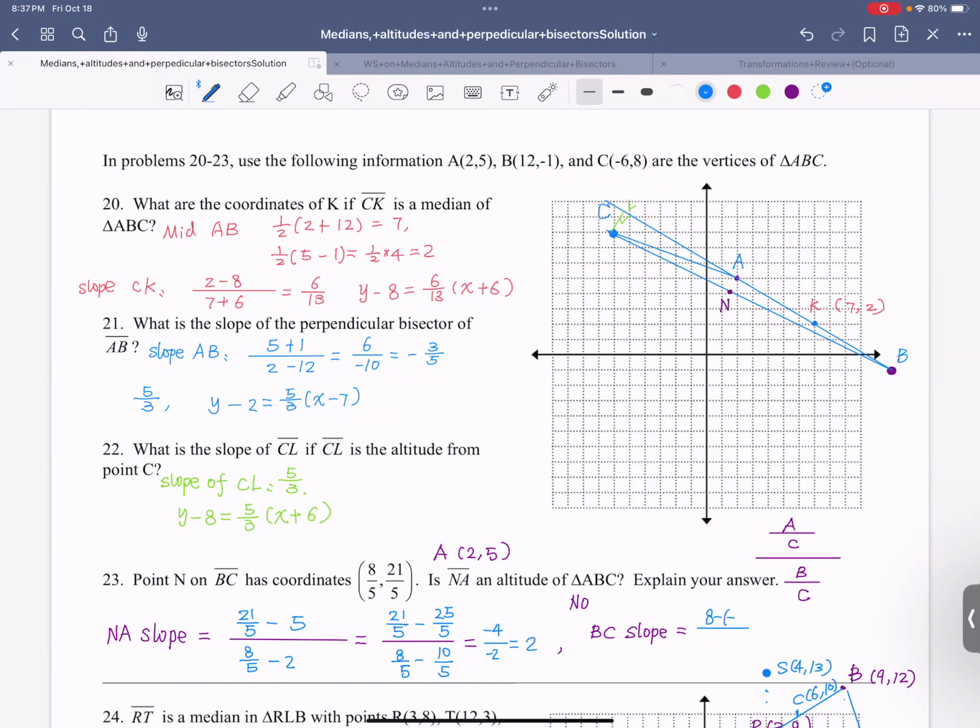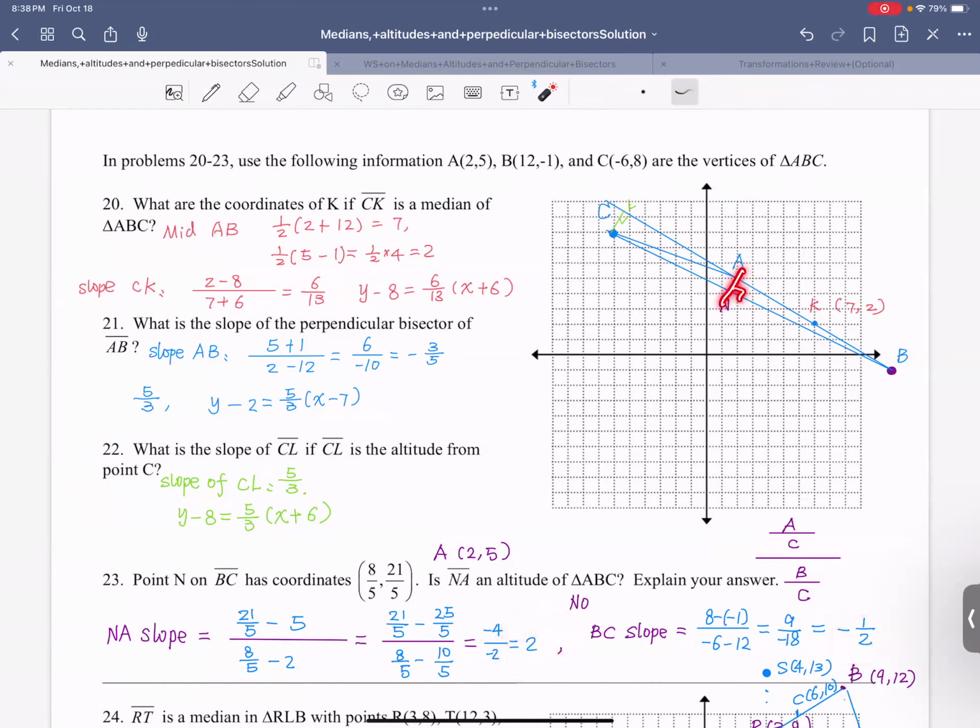So 8 plus 1 divided by -6 minus 12. So that would be 9 over -18, which is -1/2. Now, do we see that these two are perpendicular?